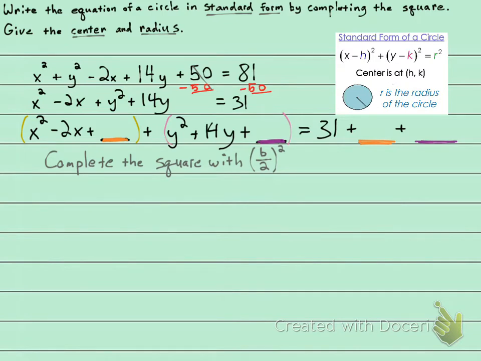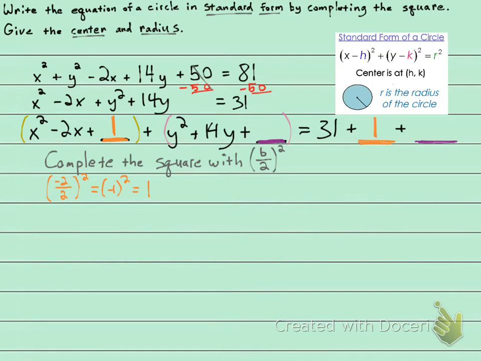And you see how I wrote that? I put b over 2, that's half of the middle term, and then I'll square it. So this orange number here is going to be half of b. Now in this case, b is negative 2. So it's going to be negative 2, half of that, squared. That is going to give me negative 1 squared, which is 1. So this magic number for the orange is going to be 1.